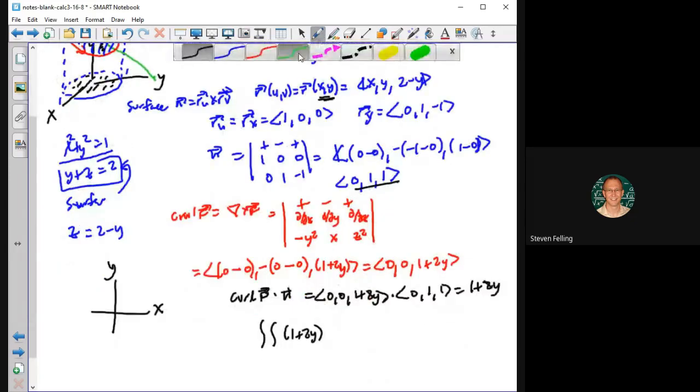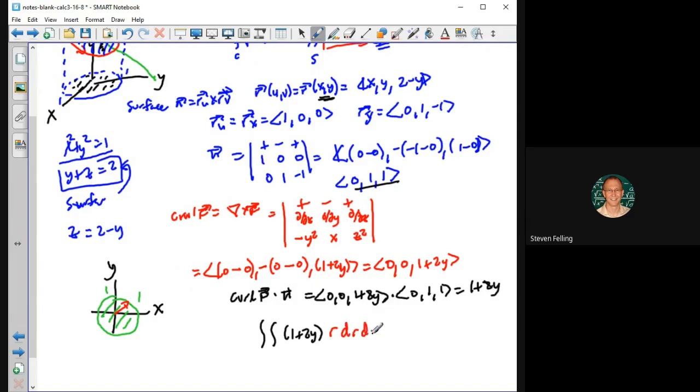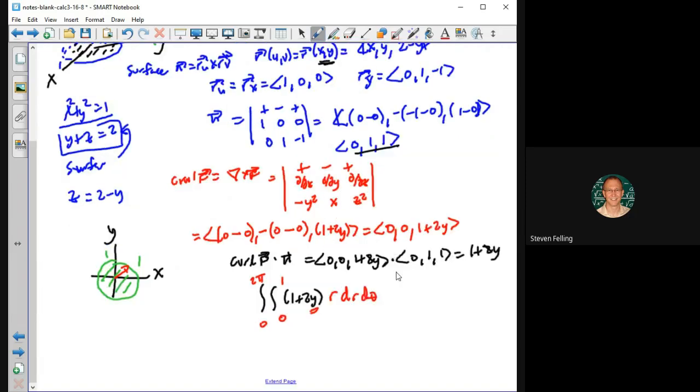Right, so if I'm covering that region down there, then that means I could choose polar. So we'll go with r dr d theta. And then it would be from 0 to 1 in the radius and 0 to 2 pi in the angle. And then finally, we would swap out this y.